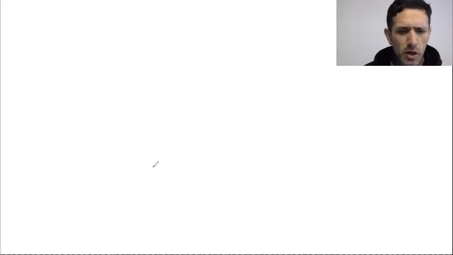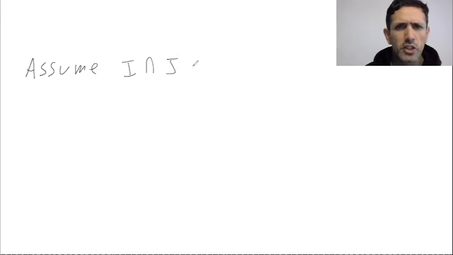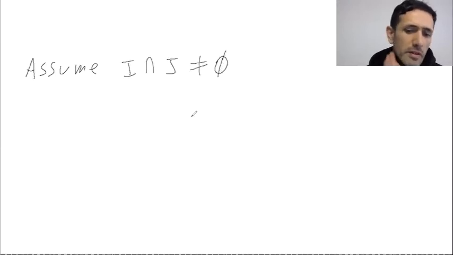So anyway, let's assume I intersect J is not empty. Right.